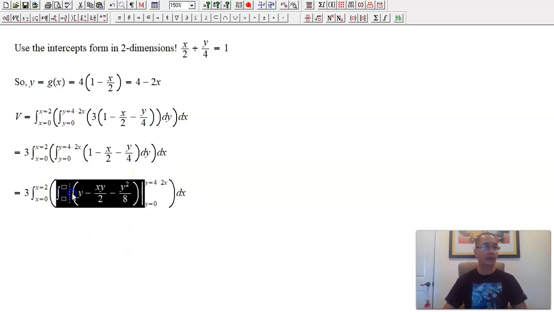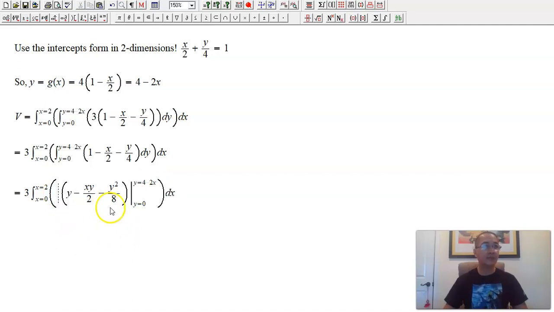Just up to there. So we are going to plug in the upper limits and the lower limits. Lower limit, we get all zeros, so thank you very much. We only have to worry about the upper limit. So replace y with 4 minus 2x everywhere.